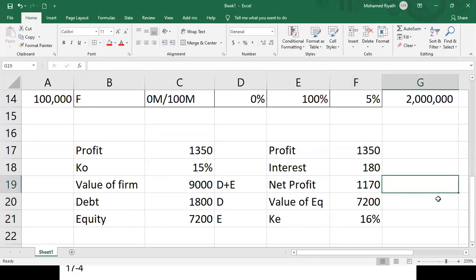It is 16.25%. Are you all clear about this calculation?